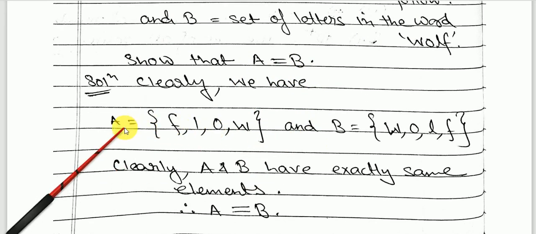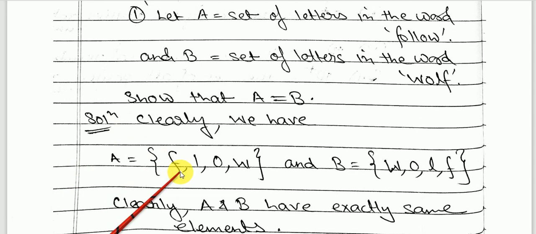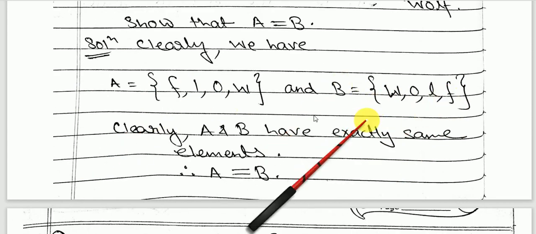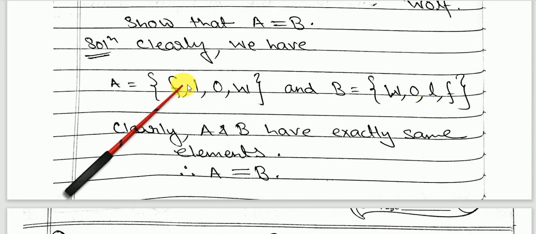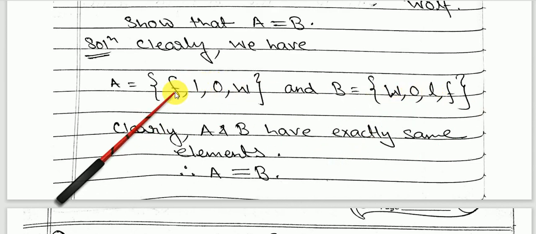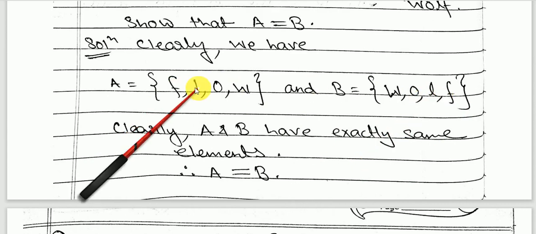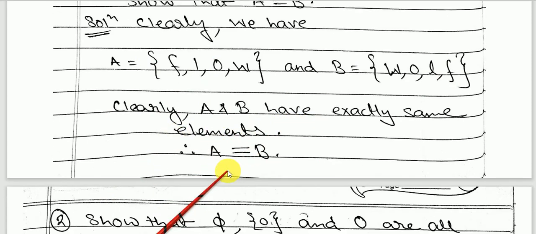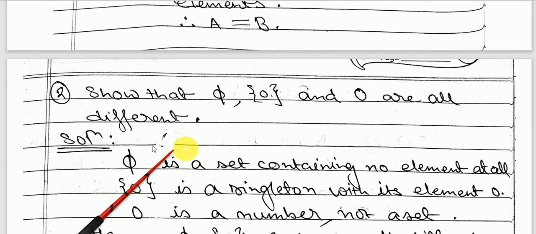Here for set A we have got F, L, O, W, and for B we have got W, O, L, F. Here you can see though the orders in which the letters are written in both the sets are different, they have exactly the same elements. So these two sets are equal. Clearly A and B have exactly the same elements, therefore A is equal to B.